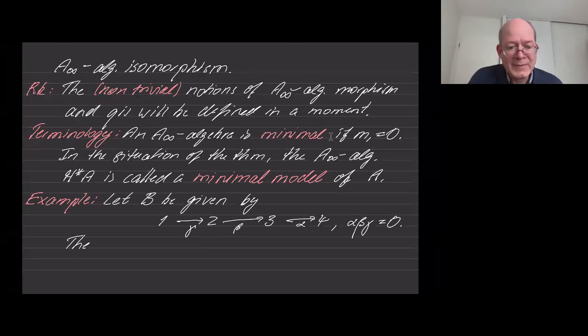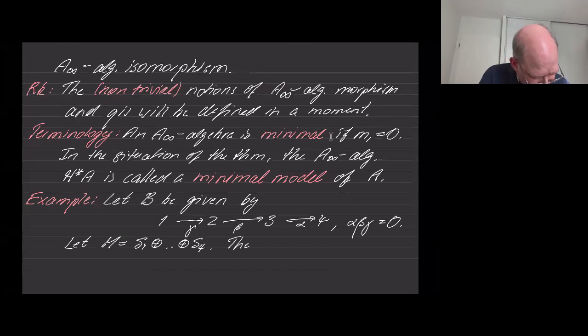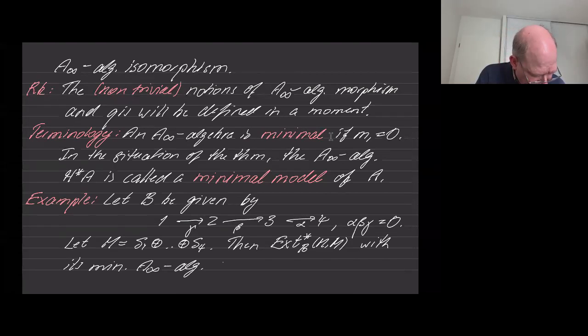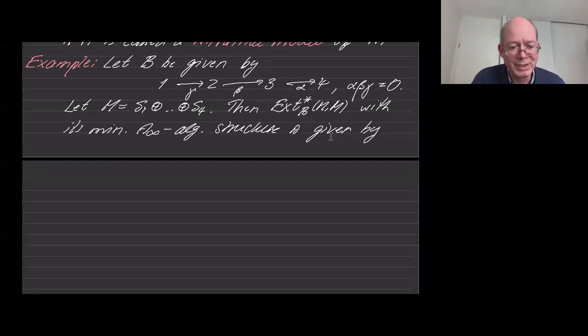So here we take M to be the sum of the simple modules S1 up to S4, concentrated at the four vertices, and then the Yoneda algebra with its minimal A infinity algebra structure is given, again, by a quiver with relations and higher multiplication.